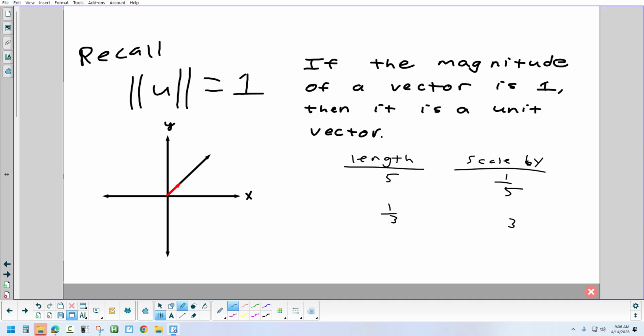So if you have something that is x units long, you would scale it by 1/x. The idea is you scale it by the reciprocal of its magnitude. If it already was a unit vector, then scaling it by the reciprocal of the magnitude won't change it. It will stay a unit vector. Okay.